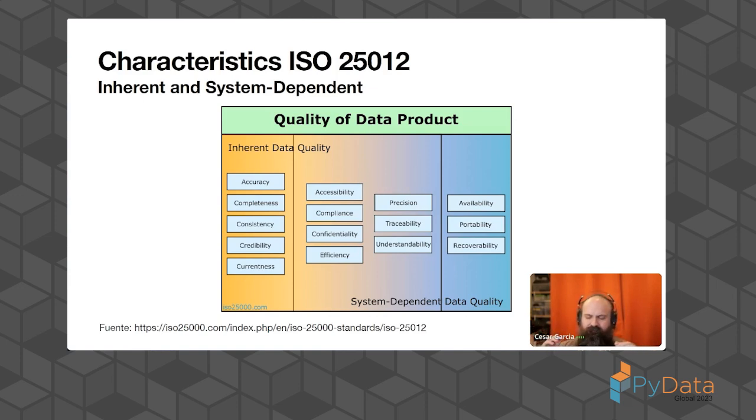Other than that, there are other features that are dependent on the system. For example, the availability, how portable it is, how recoverable, this might be more dependent on who is serving or the way that the portal is serving you the files. And so whenever we're talking about data sets, in at least our case, we will be laser focused on inherent data quality.